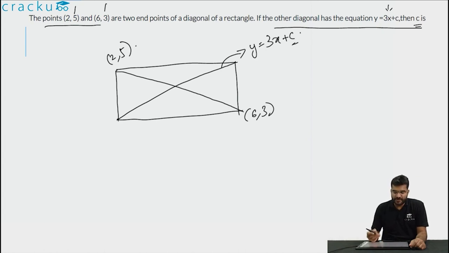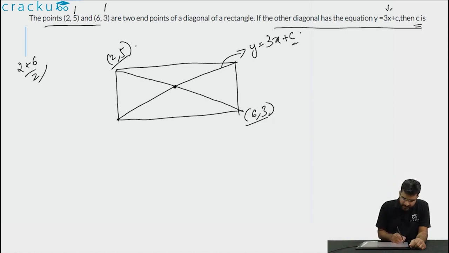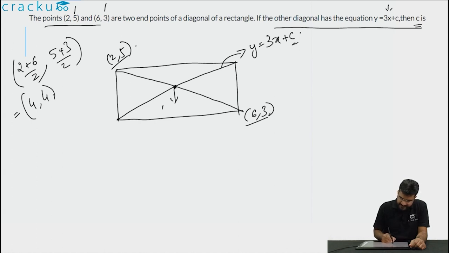One of the things that you should notice is that the midpoint of the vertices is common to both the diagonals. So the midpoint in this case will be 2 plus 6 by 2, comma 5 plus 3 by 2. This is equal to 4, comma 4. So the midpoint, which is 4, comma 4, is common to both the diagonals. So y is equal to 3x plus c also goes through the point 4, comma 4.